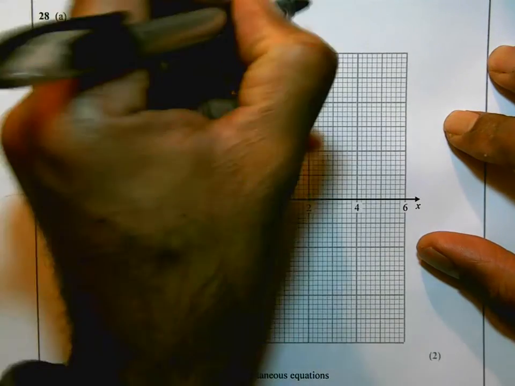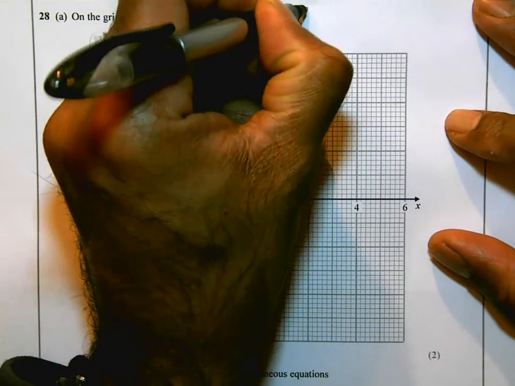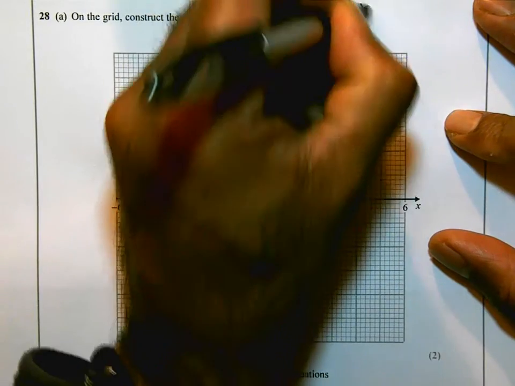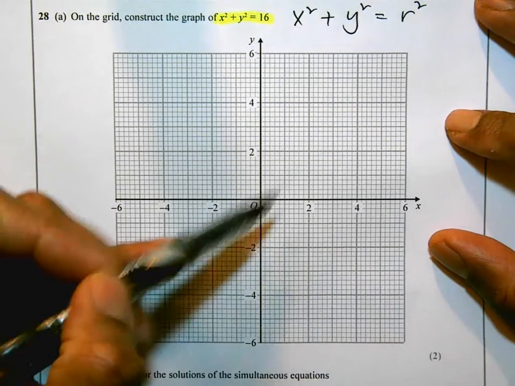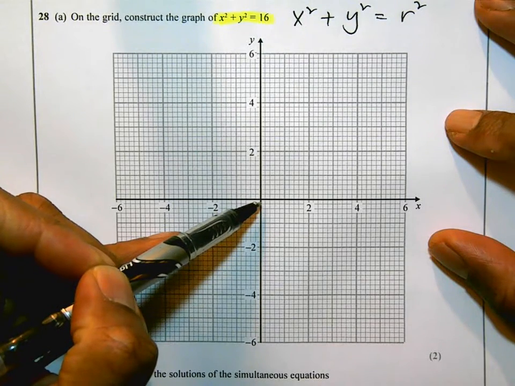Because the equation of a circle looks like this: x squared plus y squared equals r squared. And if it's of that form, that means the circle is centered at the origin, 0, 0, and it has radius r.